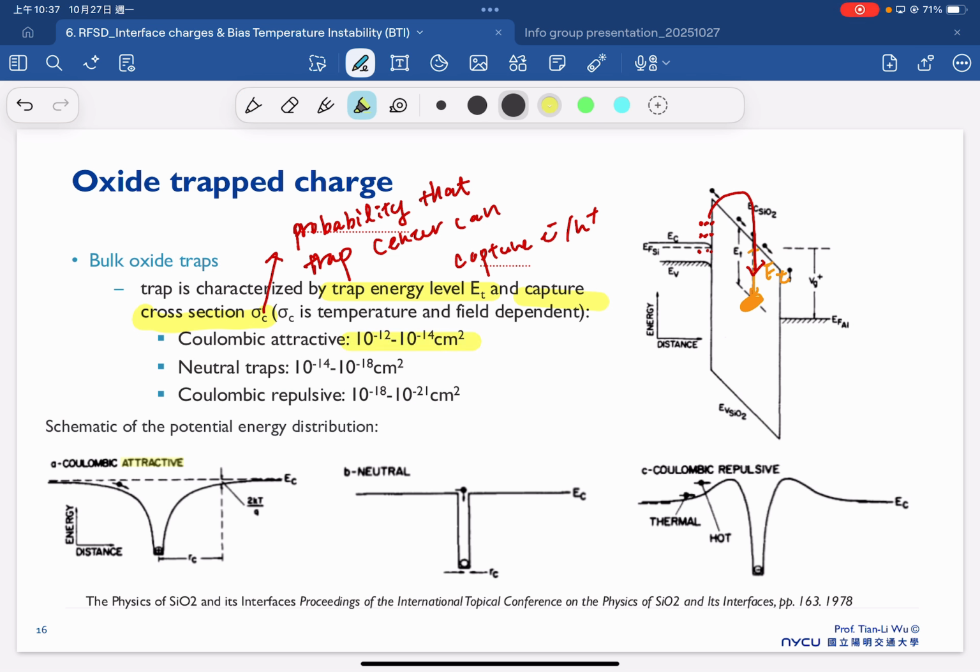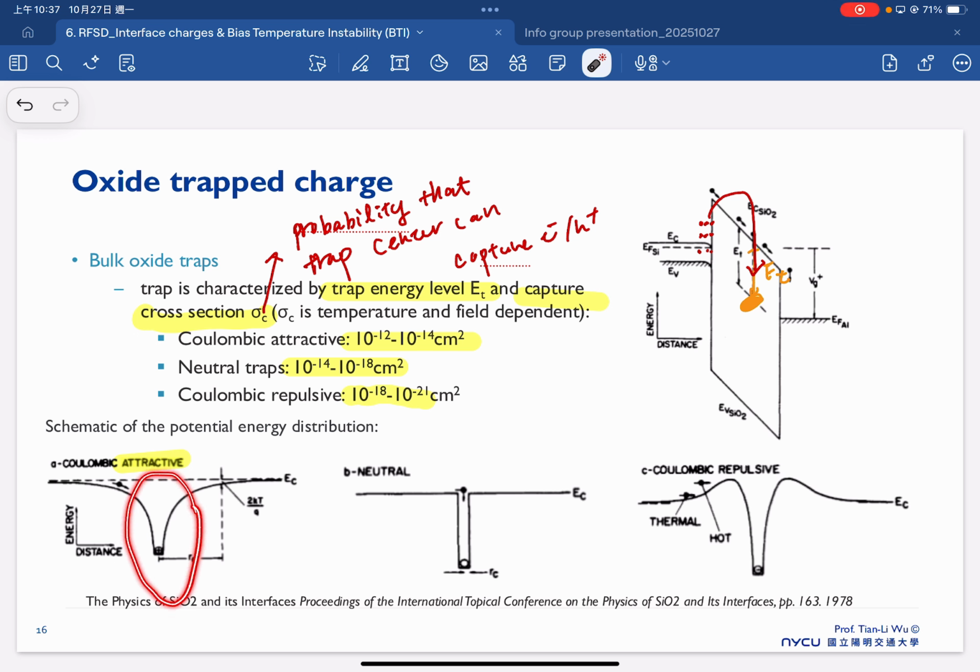That we consider as attractive. And then between 10 to minus 14 to 10 to minus 18, we consider it a neutral trap. And 10 to minus 18 to 10 to minus 21, we consider a repulsive trap. So attractive means these are traps that very easily capture electrons or holes.